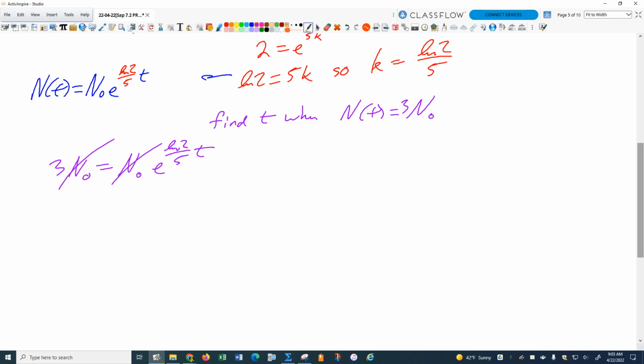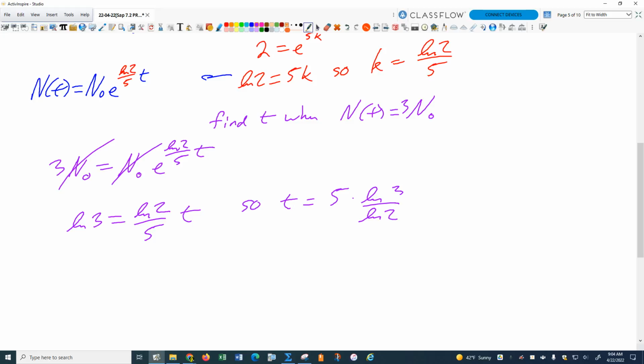Look, the n naughts cancel. Log both sides. Log 3 equals, then that's going to cancel the e, and I just get log 2 over 5t. So if I want to solve for t, I'm just going to multiply each side by 5 over log 2. What's that going to give me? 5 times log 3 over log 2.